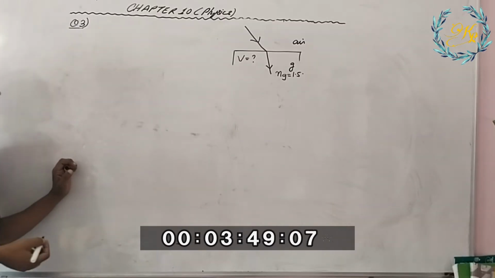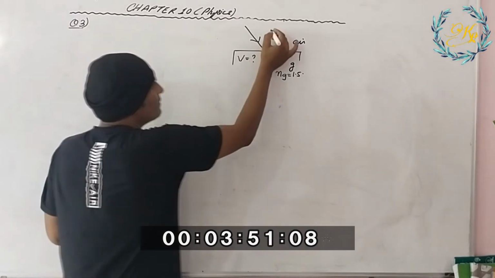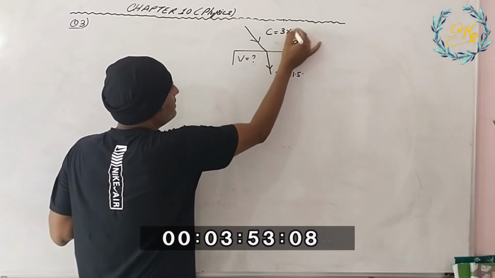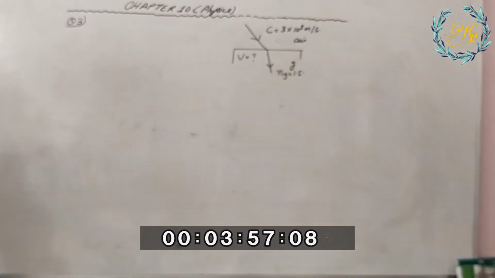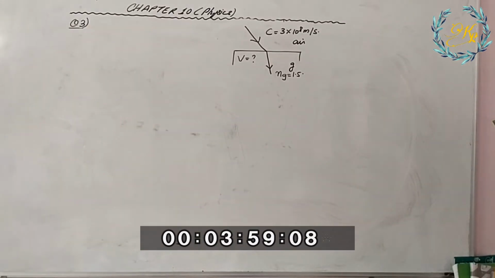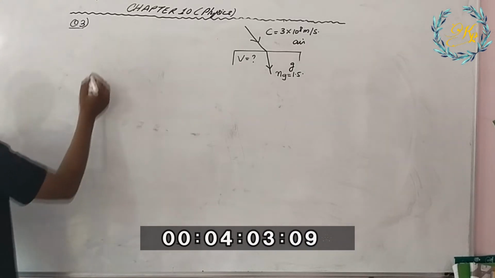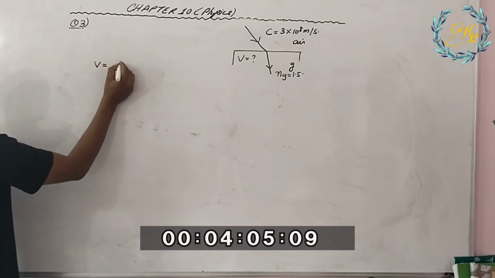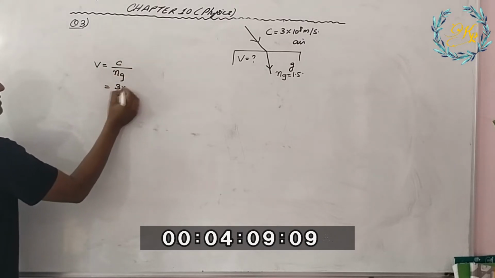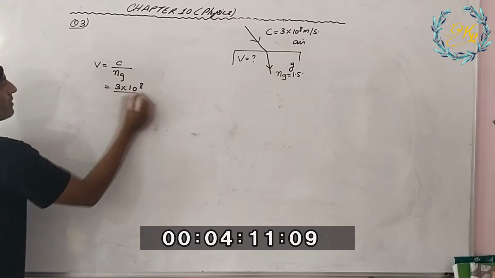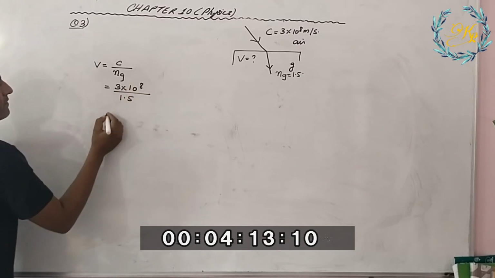If the speed of light in air, the value of c, is given to us as 3 into 10 to the power of 8 meters per second. Now relating these 3 values, we have a formula: the speed of light in glass is equal to speed of light in air upon refractive index of glass. So let's write the values. 3 into 10 to the power of 8 upon refractive index of glass 1.5.